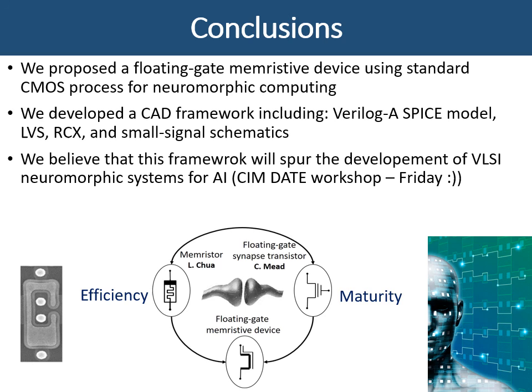We modeled the deterministic and stochastic kinetics of the device in Verilog-A SPICE, generated circuits and small signal schematics, and designed a layout that was checked using DRC, LVS, and RC extraction, and launched physical and behavioral simulations for signal integrity.